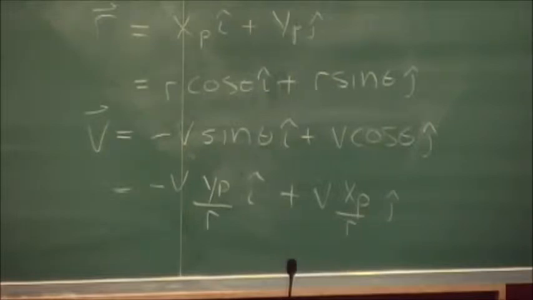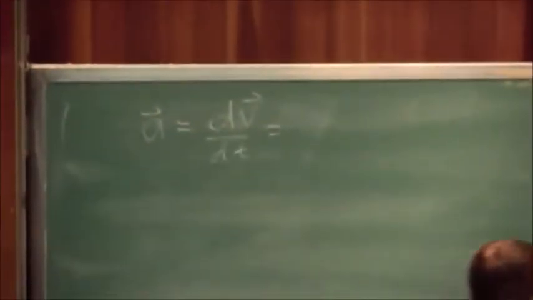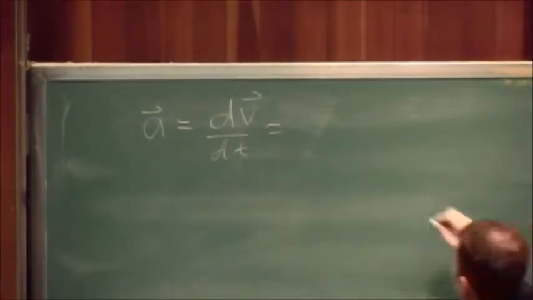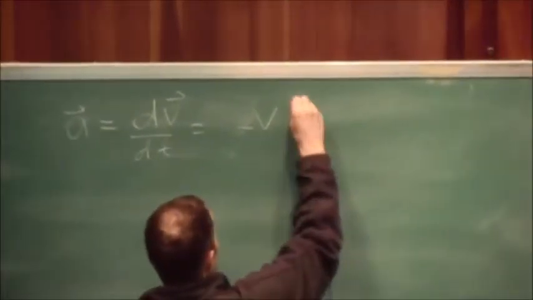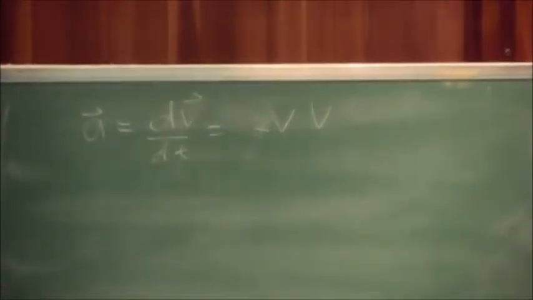Okay, so now if I say a is equal to dv dt, then I'm going to get minus v, and if I take the derivative of yp with respect to t, what is that?